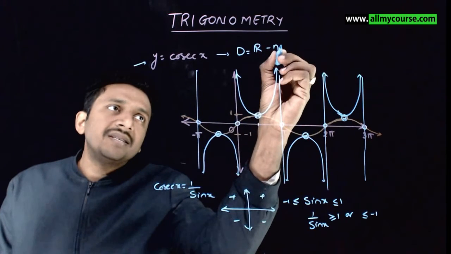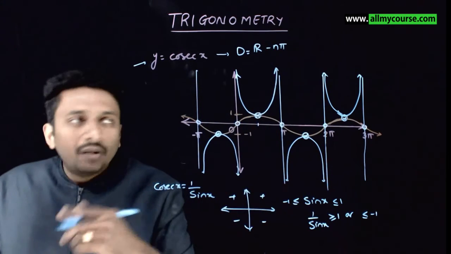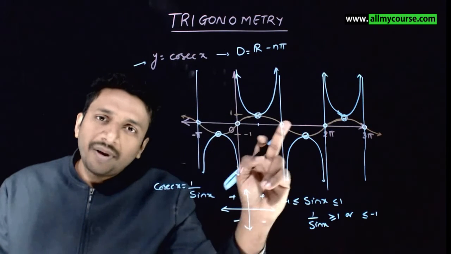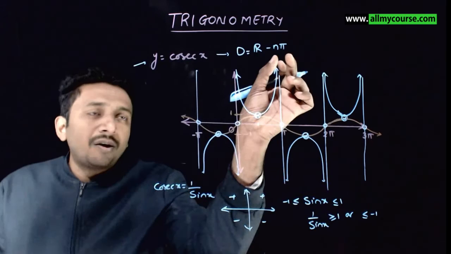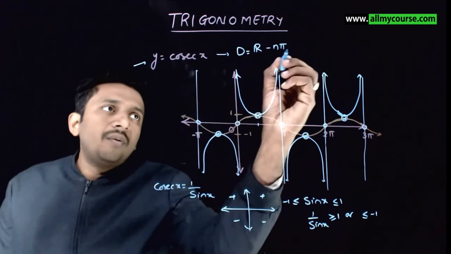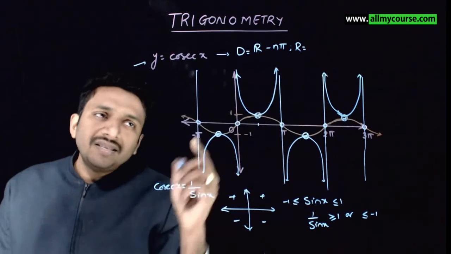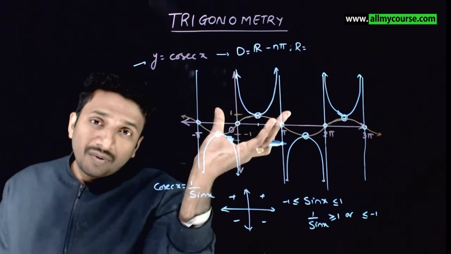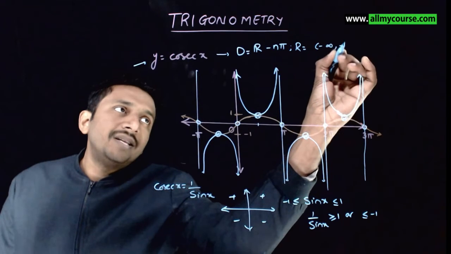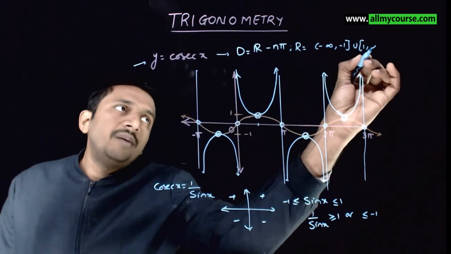So R minus n times pi, where n is any integer. So pi, 2 pi, 3 pi, 4 pi, minus 2 pi are all the values where cosecant x is not defined. And what is the range of this? The range is either y greater than or equal to 1 or y less than or equal to minus 1. That is, minus infinity to minus 1 union 1 comma infinity.